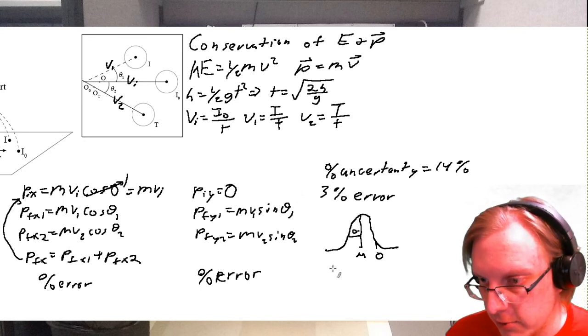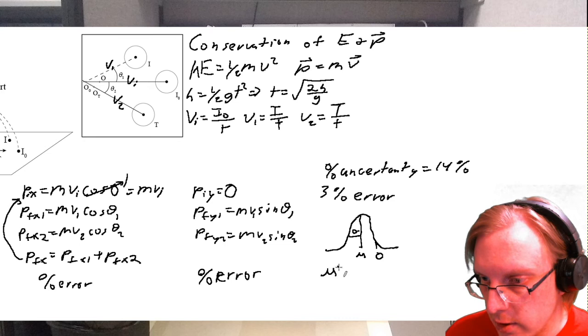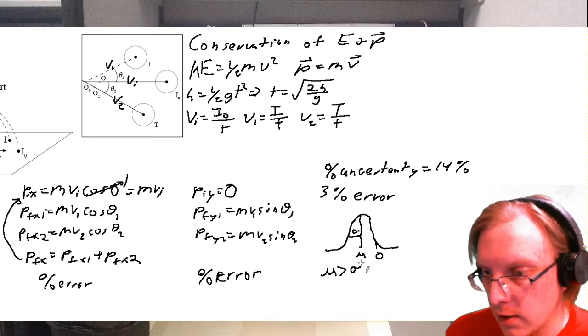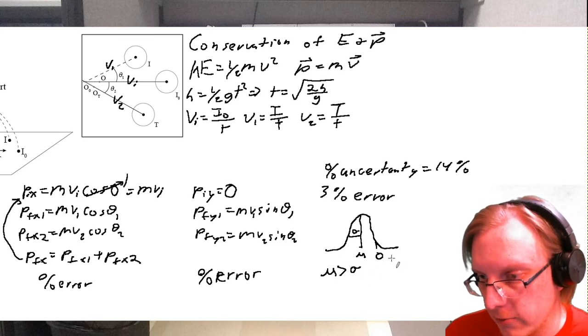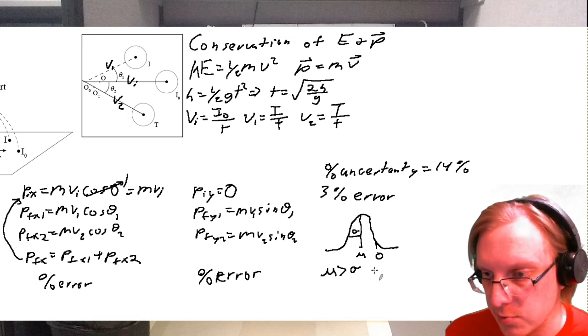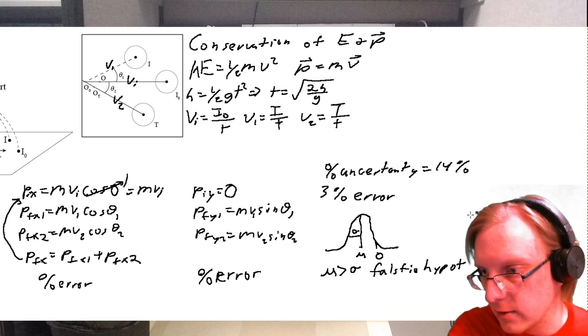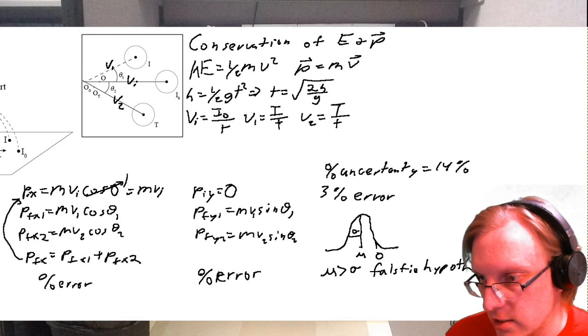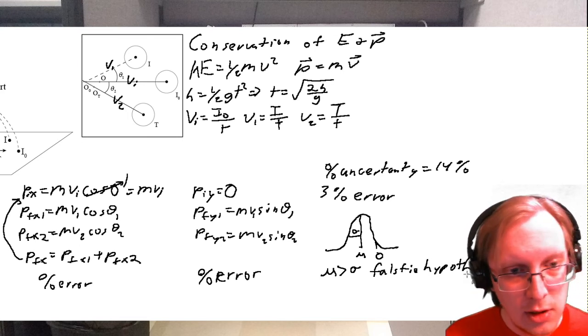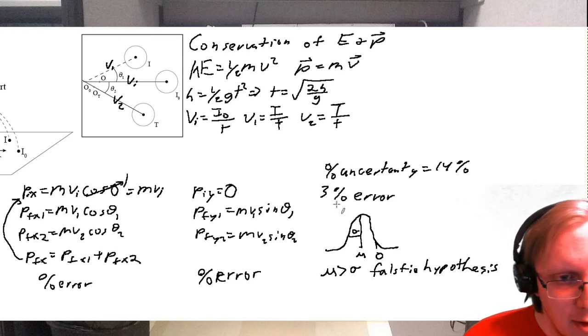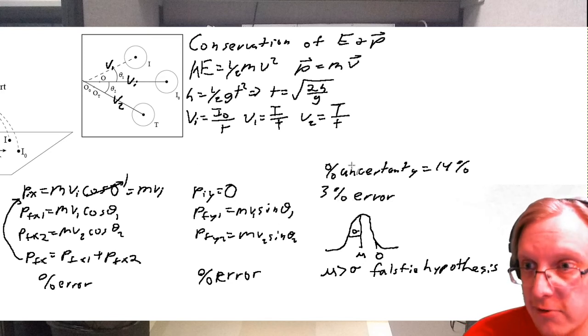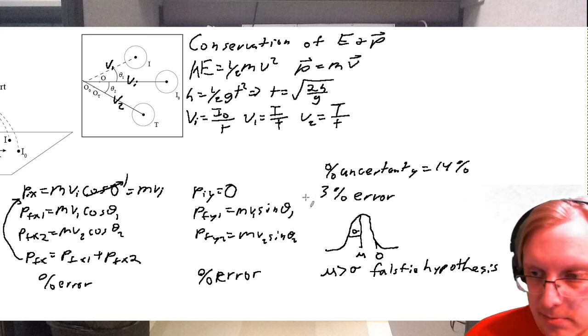So if your mu is larger than sigma, that means that mu is further away from 0 than your sigma is wide, which means that you have falsified the hypothesis. The hypothesis of conservation of energy and or momentum.